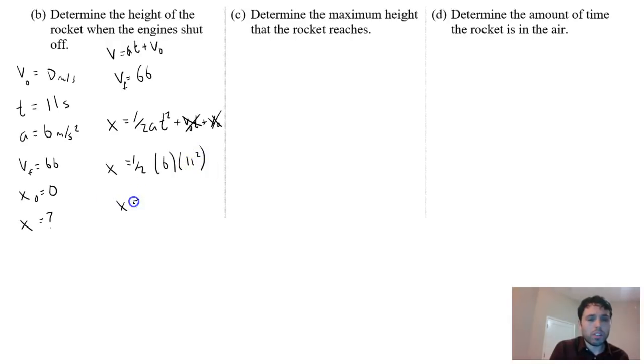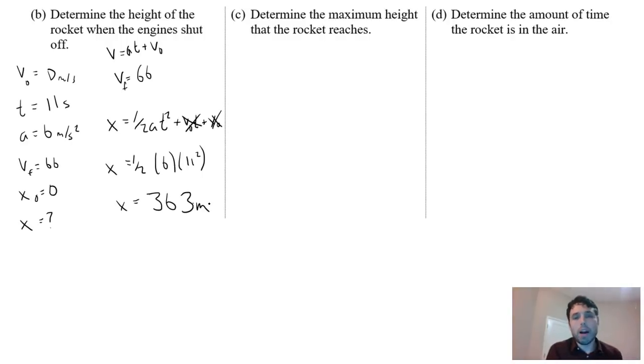I'm going to do the math here on the calculator. Divided by 2, I get 363 meters high. There we go, that's part B. Let's go to part C.